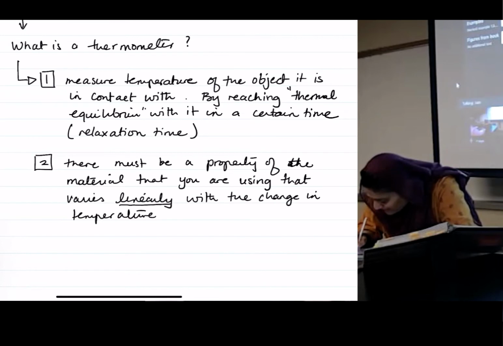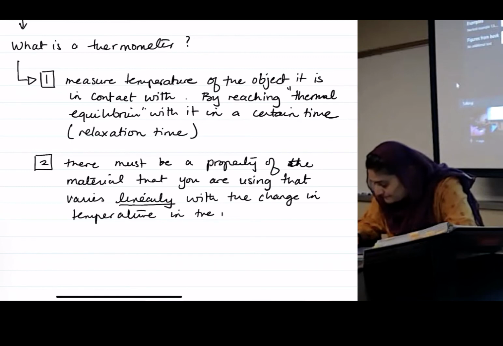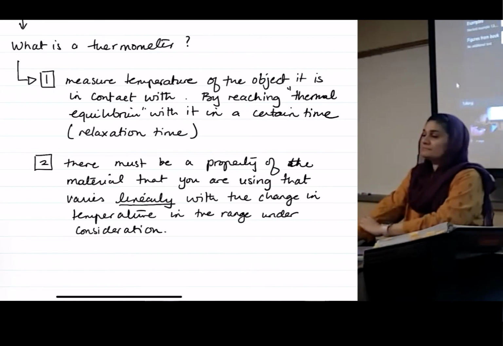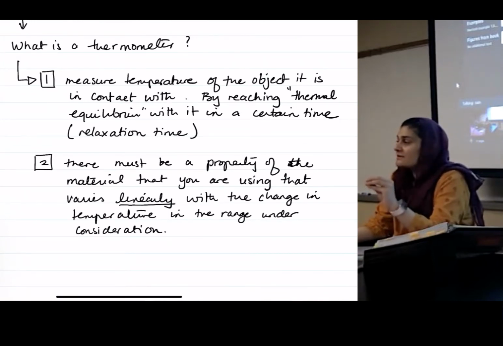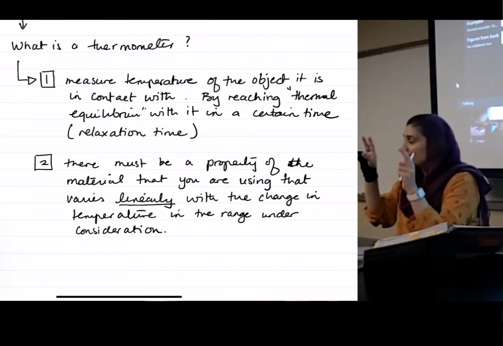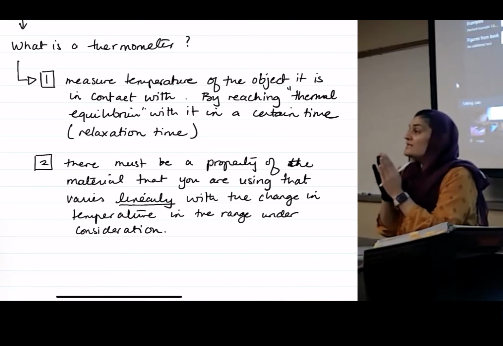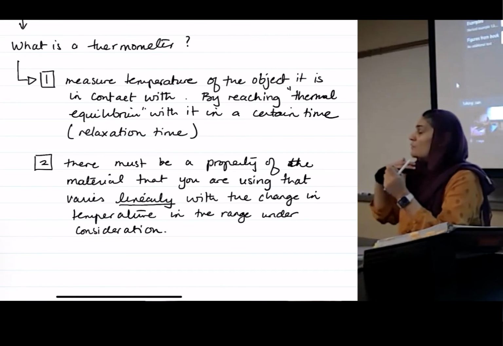So the word linearly is very important in the range under consideration. So you must be able to trust that in the range you are looking at, the material that you are using to make your thermometer varies linearly, whether it's expanding or contracting, with the temperature range you're looking at.